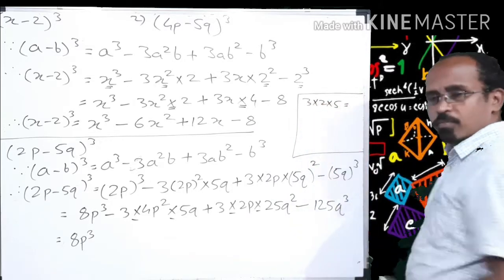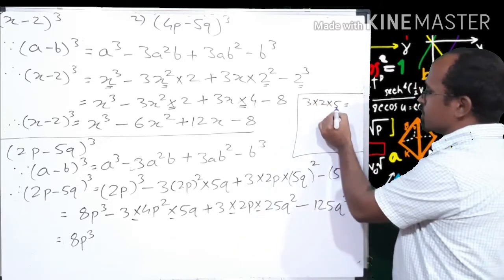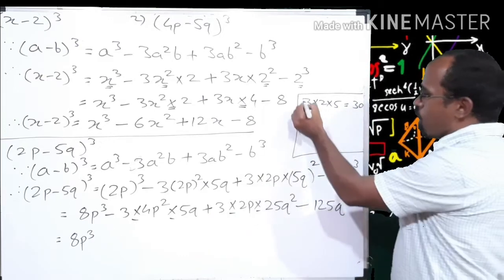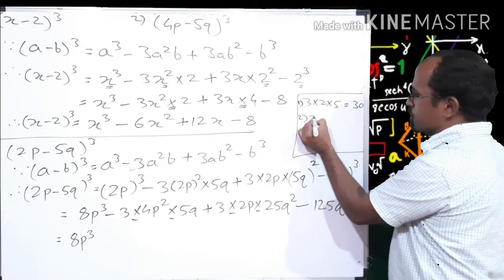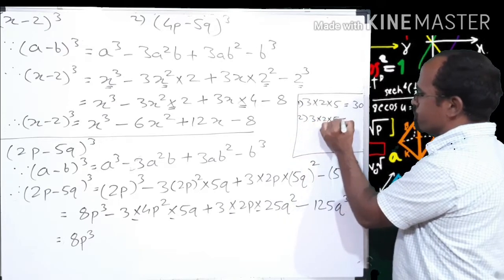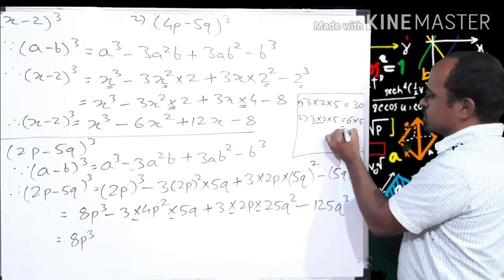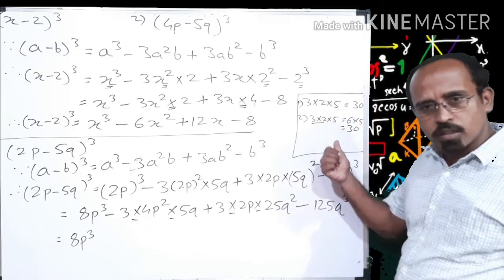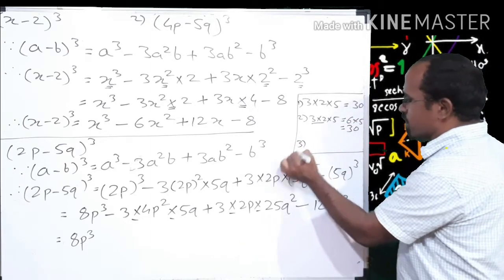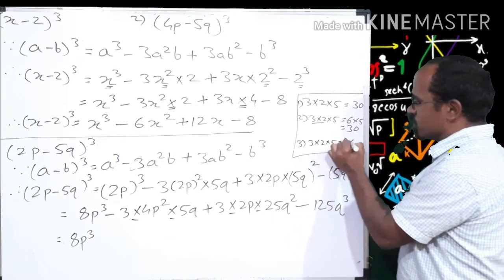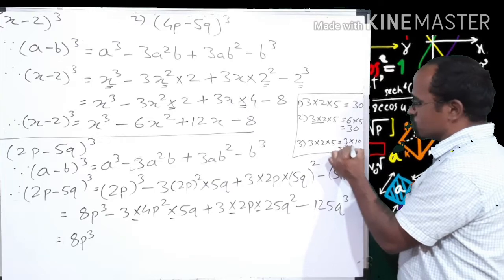If such a kind of multiplication is there, you can directly multiply it as 5 2s are 10, into 3 is equal to 30, right? Or you can write it as 3 2s are 6, into 5, which is again equal to 30. Or you can write it as 3 into 2 multiplied by 5, which is equal to 3 multiplied by 10, which is equal to 30.